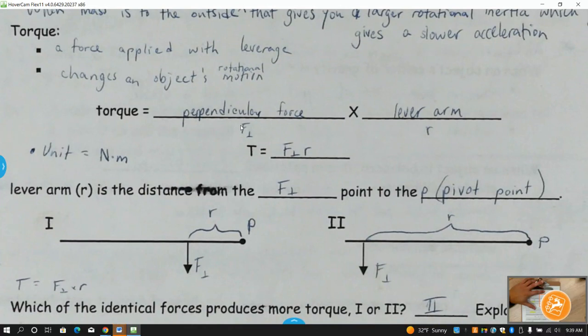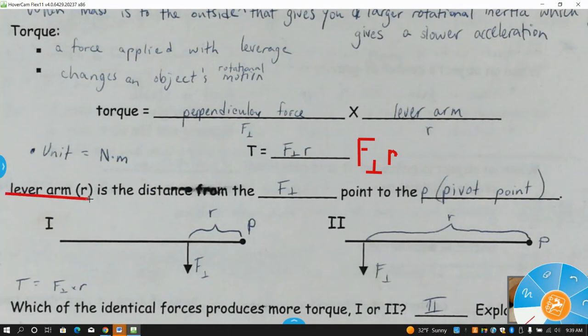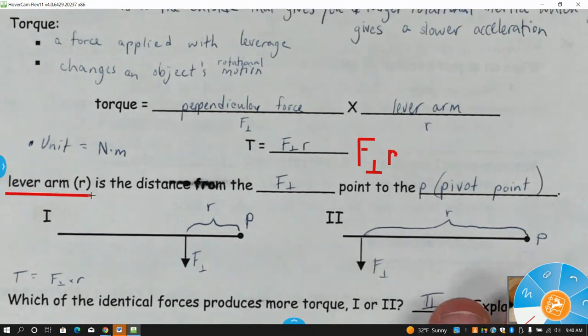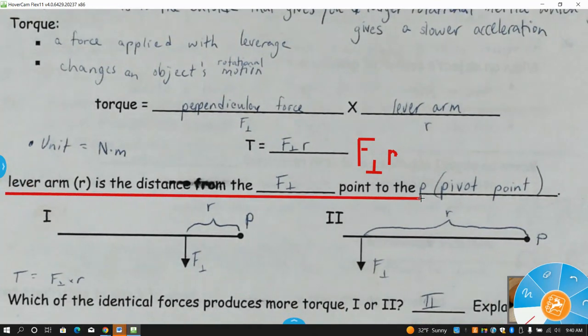So the equation that we use for torque, the basic version here, is the perpendicular force, F perpendicular, times the lever arm, which is letter R. Lever arm, R, is the distance from our perpendicular force to point P, which is what we call our pivot point.